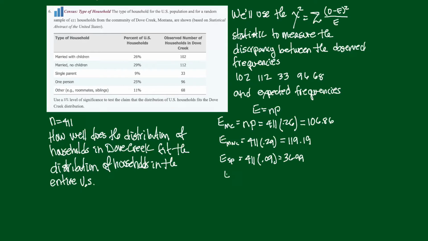Then the expected number of one-person households is still 411 observations, but this is 25%, 0.25, so that turns out to be 102.75. And finally, the expected number of other: out of 411, we should be observing 11%, which is 45.21.